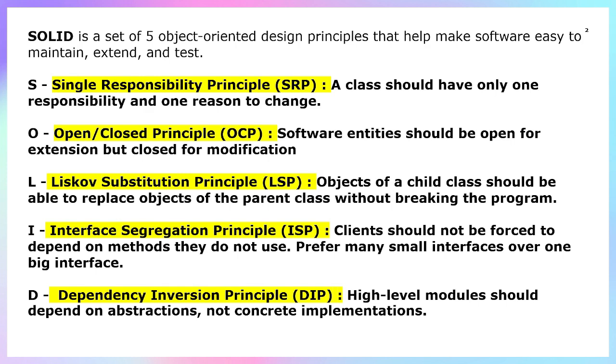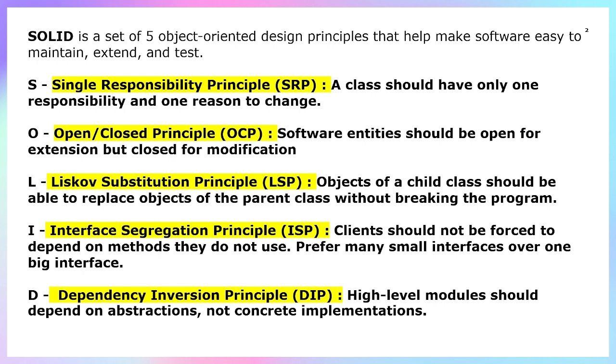Let's revise. So, what is the SOLID principle? SOLID principle is the single responsibility principle. A class should have only one responsibility, not more than one. That is the single responsibility principle.